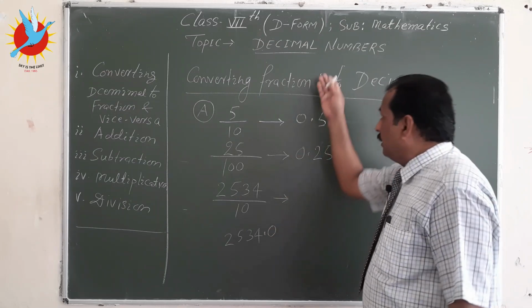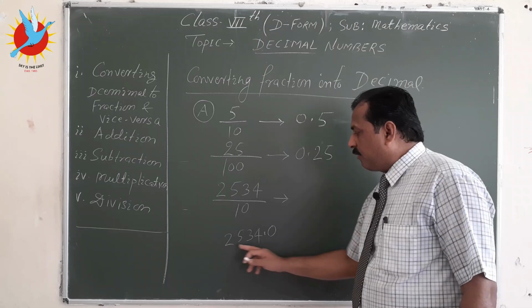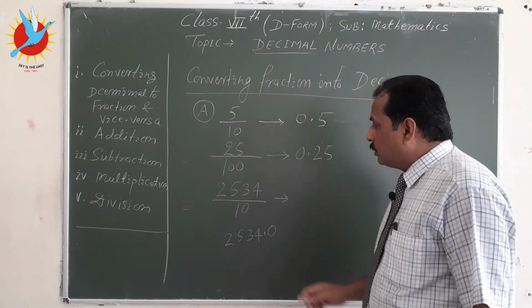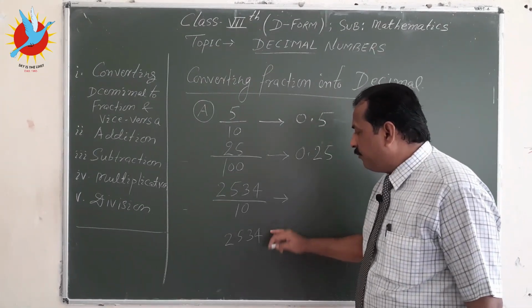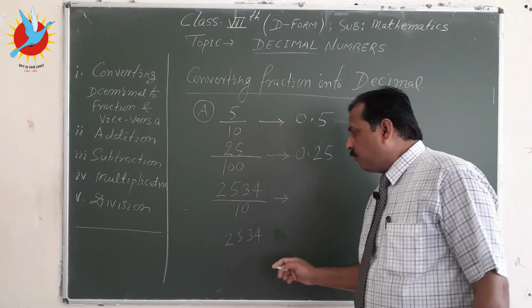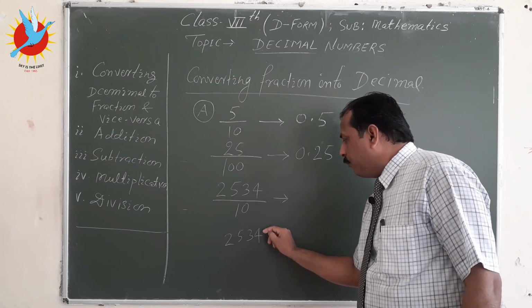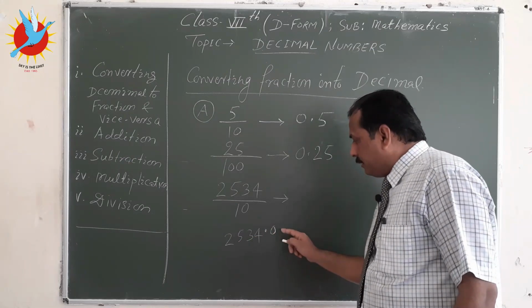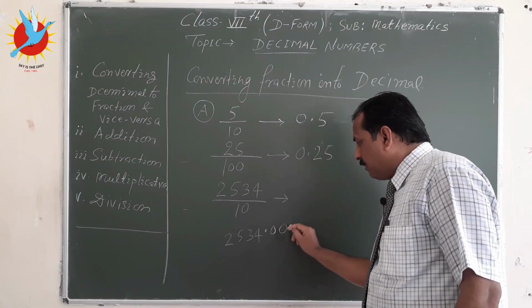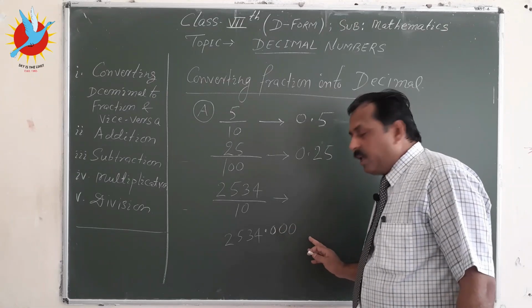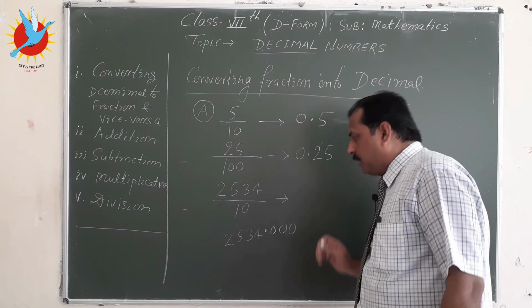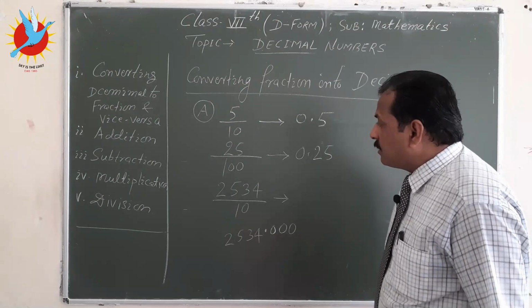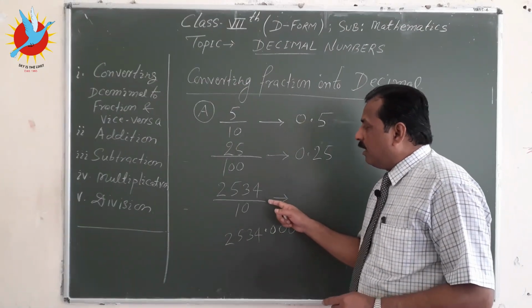I told you earlier, as per the format of a decimal number. So 2534 is equal to 2534.0. There may be another 0 also, there is no problem. It means the fractional part is 0.